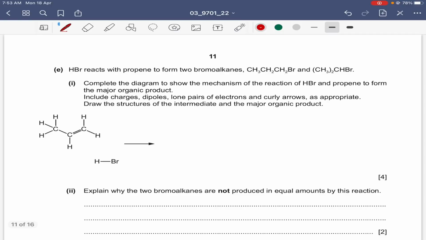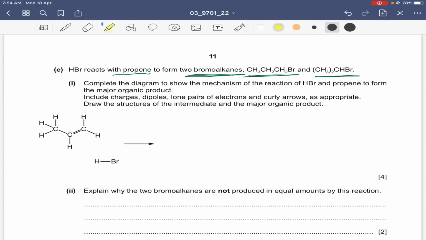All right, now the next part of this question is related to organic chemistry. HBr reacts with propene to form 2 bromoalkanes, CH3CH2CH2Br and CH3CHBrCH3. So when propene reacts with HBr, we get two different bromoalkanes. An addition reaction would occur.